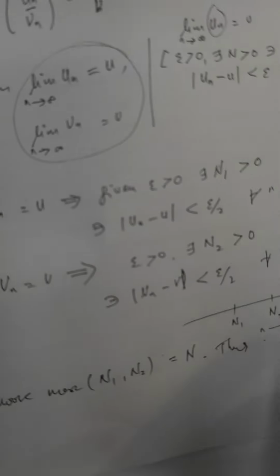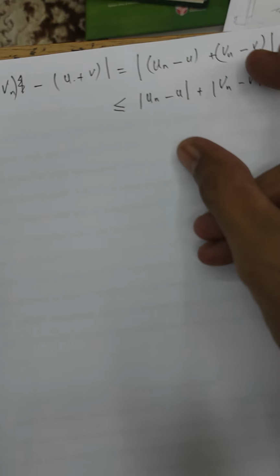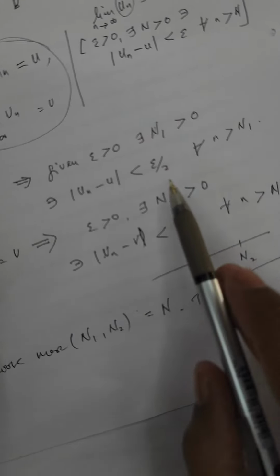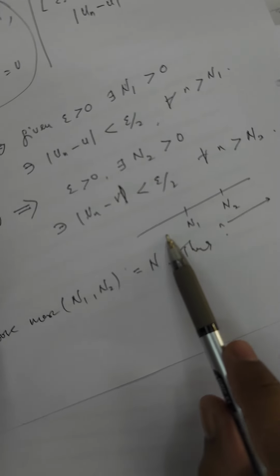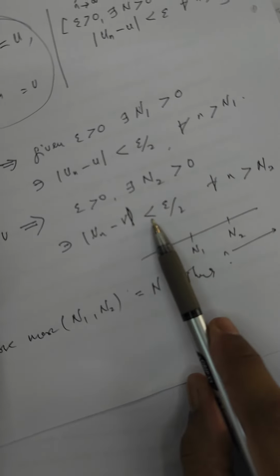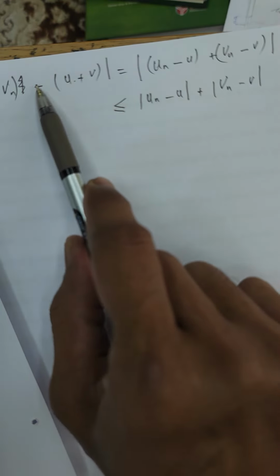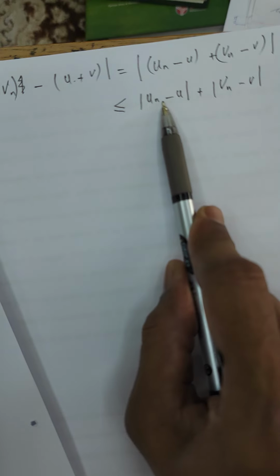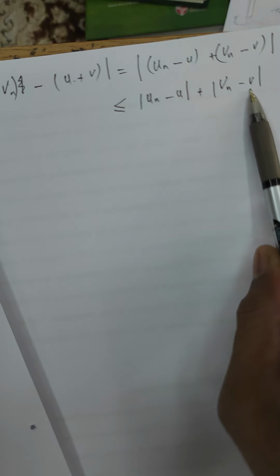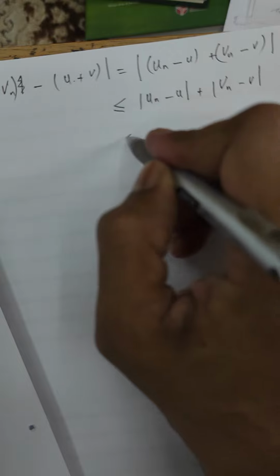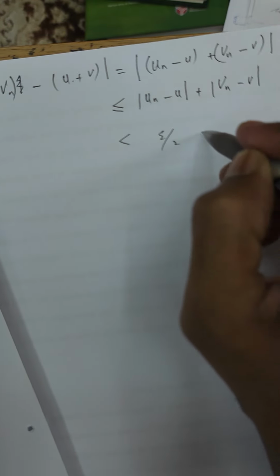Now you can choose from here. This is the reason why we chose epsilon over 2 here and epsilon over 2 here, and it becomes very obvious. In this case we want to show this is less than epsilon, so we choose this one less than epsilon over 2, and this one less than epsilon over 2. So what we have here is less than epsilon over 2 plus epsilon over 2, which is equal to epsilon.